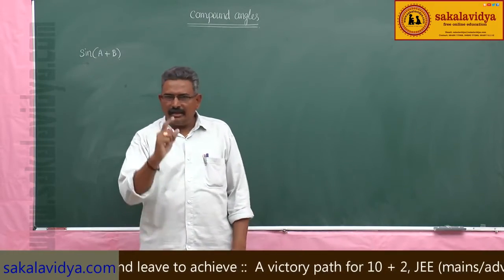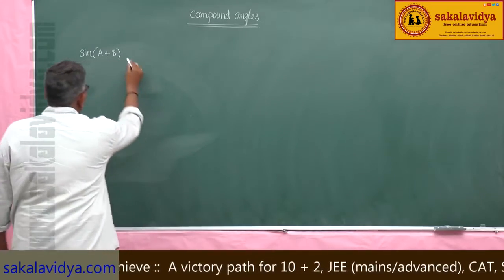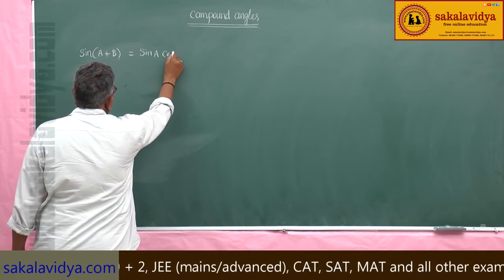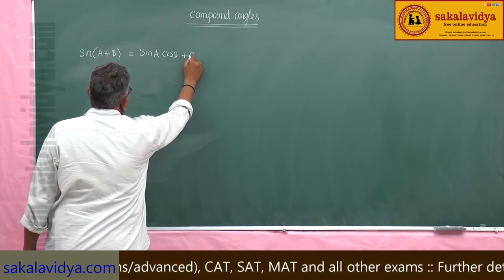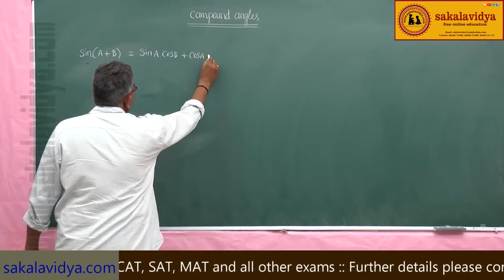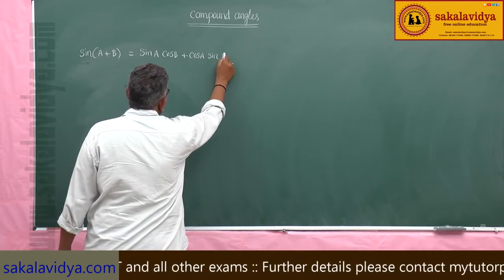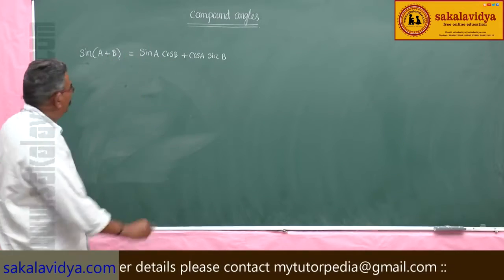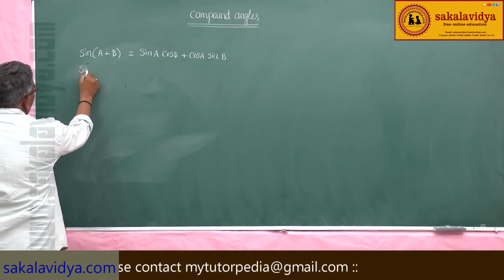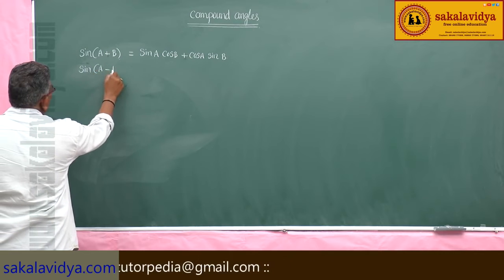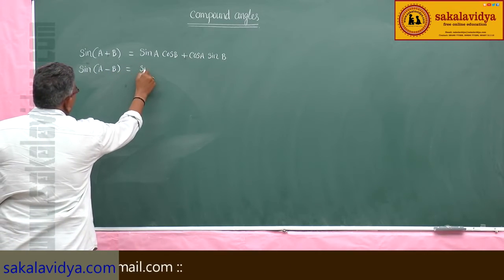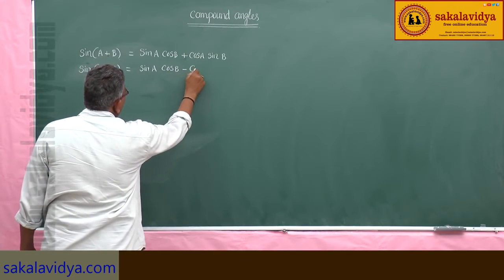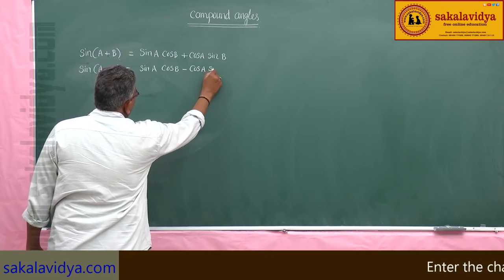Now the sine of A plus B is equal to sine A cos B plus cos A sine B. Here plus sign. Now sine of A minus B is equal to sine A cos B minus cos A sine B.